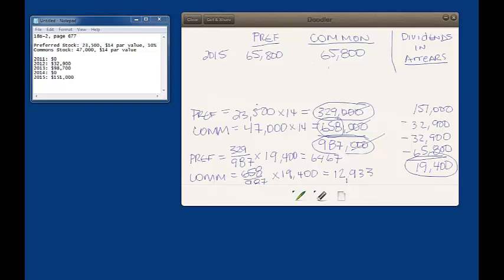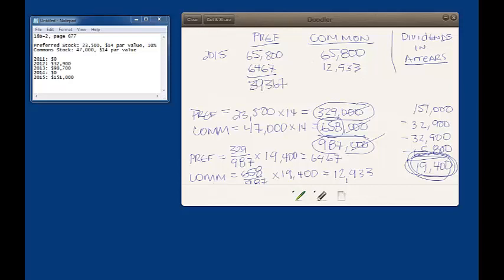So this is how I distribute the remainder, because the preferred stock was participating. So the preferred stockholders get 6,467 of the remainder. The common stockholders get 12,933 of the remainder.